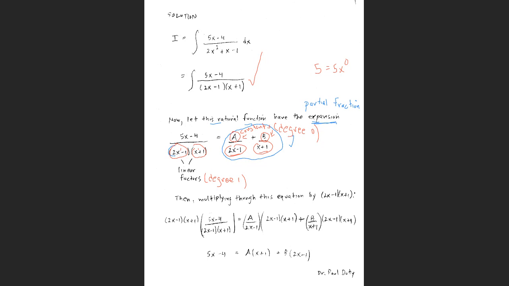So the rule is, when you do the partial fraction expansion, if you have linear factors in the denominator, you put constants in the numerators, because those are of one less degree.